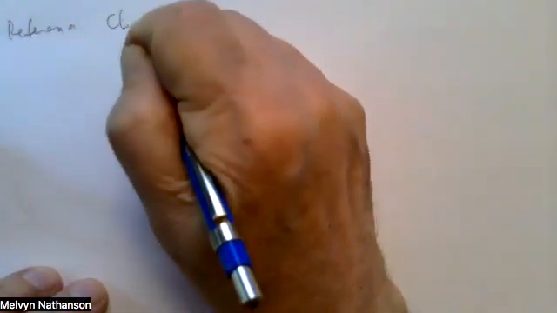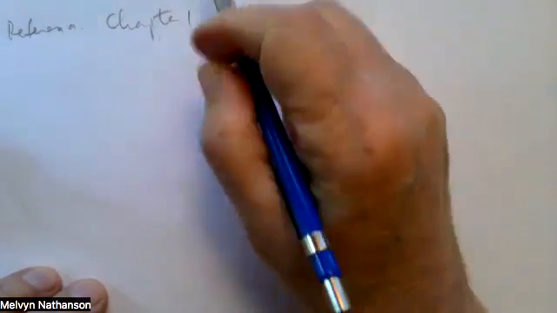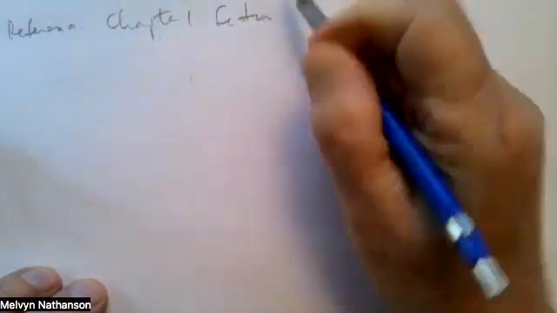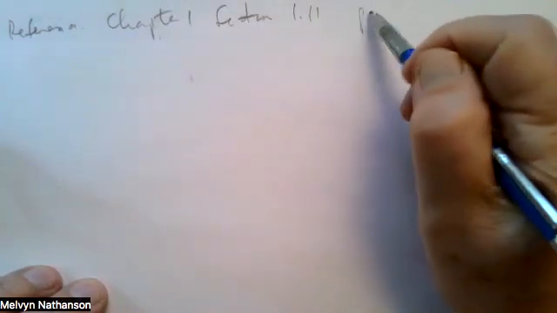So what you'll find this introductory material, the definition of a ring in the text. This is chapter 1, section 1.11 that starts on page 75. Okay.